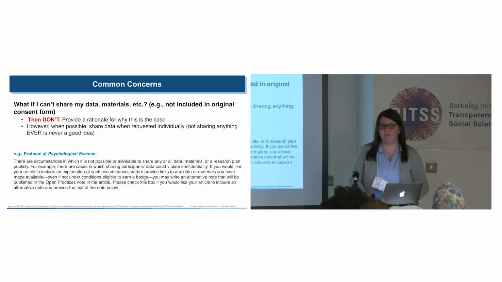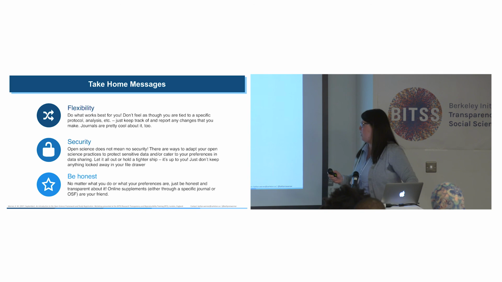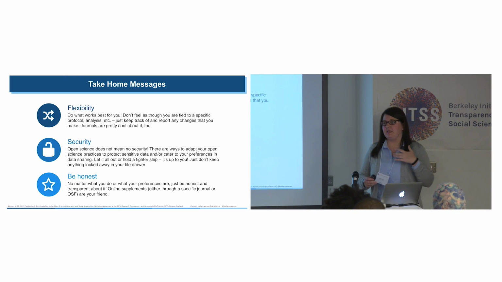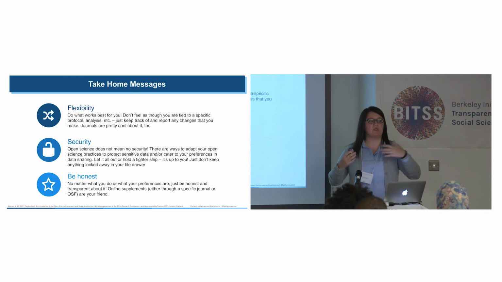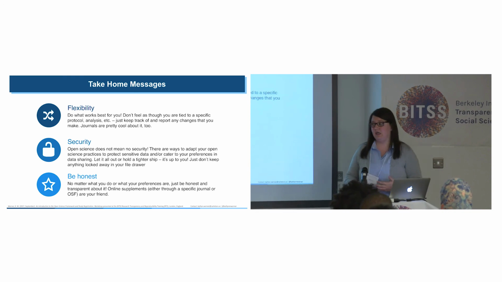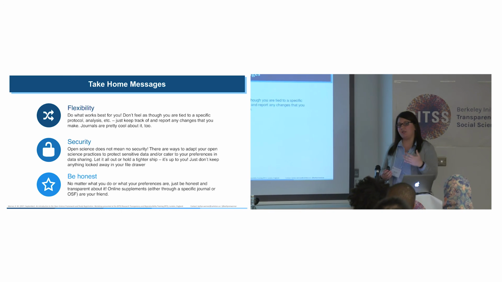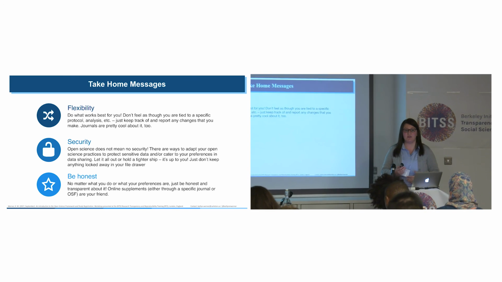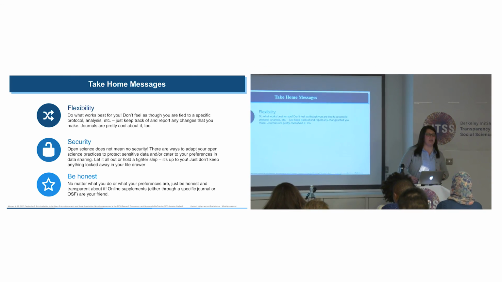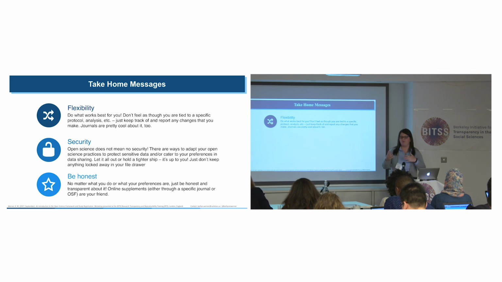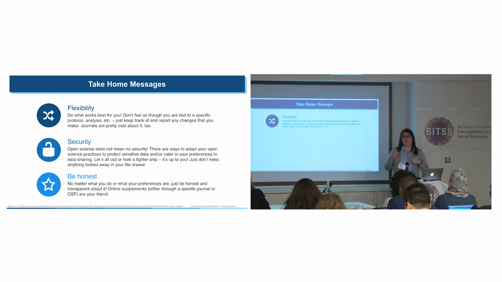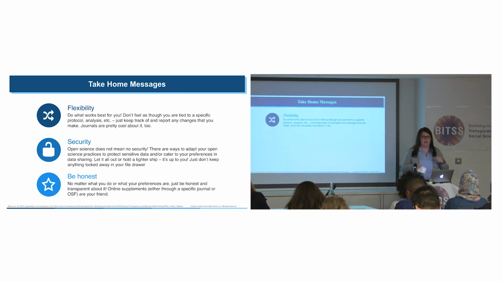Any other questions? Just to wrap up, I have a couple of take-home messages. One thing I personally like to stress is that, yes, we can pre-register our studies, but there's still flexibility within that. This is what I was talking about in terms of dynamic documents. You can change things as you see fit. Depending on the people you're talking to, or which field you're in, there's this idea that we have to be perfect all the time and can't make mistakes.